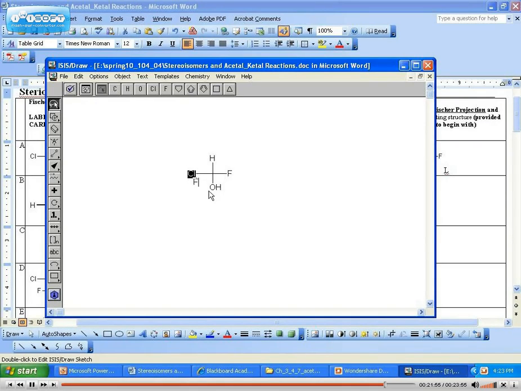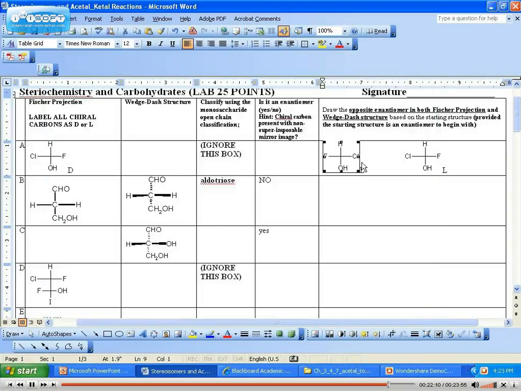So here we have an F, then here we have a Cl. And voila! We now have sketched the opposite enantiomer, the L enantiomer.